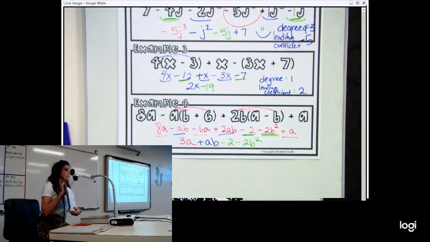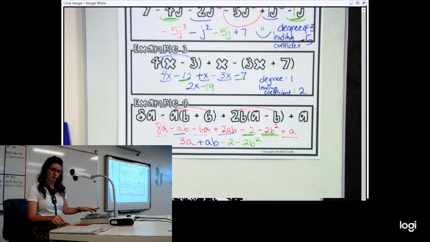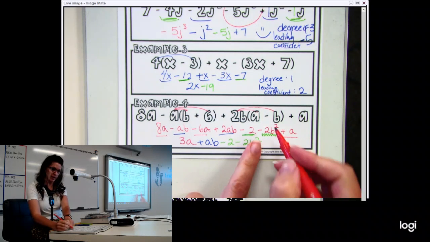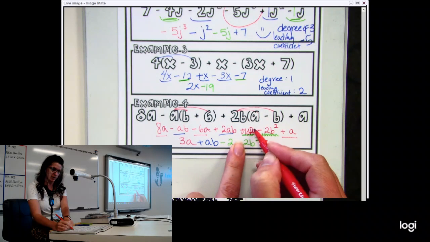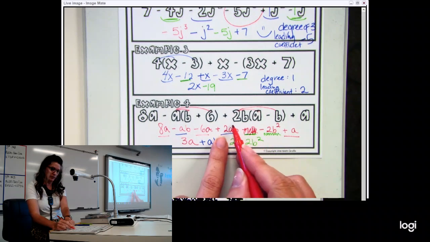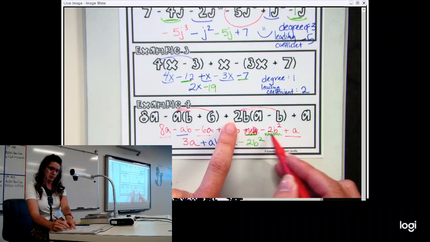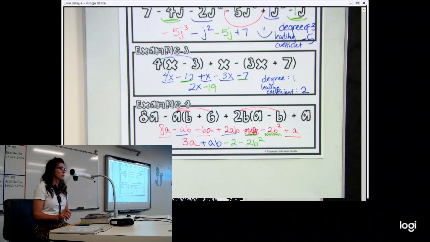Yes, ma'am. Where did the negative 2 come from? Did I mess up? Yeah. Oh, well, tell me I messed up. Thank you. Should that have been a 2? I just put it in there, didn't I? Because here is my 2AB, and here is my negative 2. It just showed up.